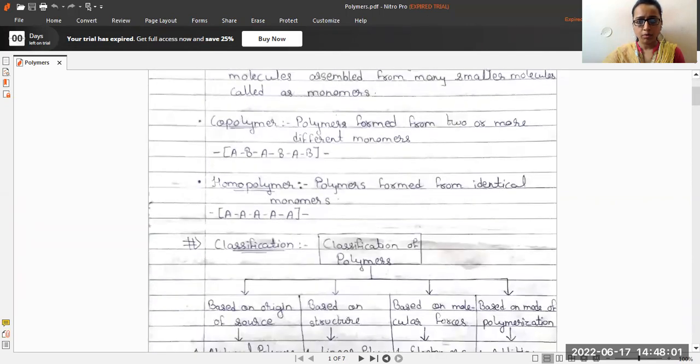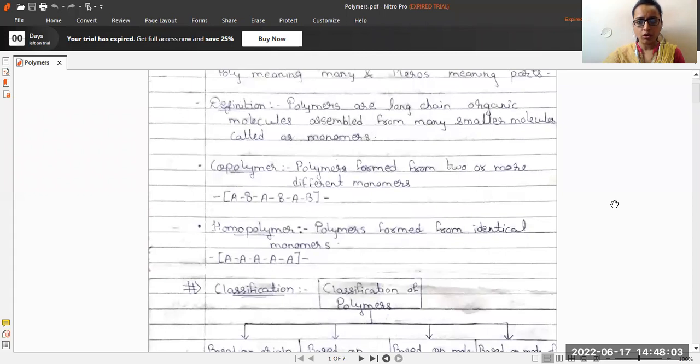The polymer is classified into two parts: copolymer and homopolymer. If the polymer forms a long chain with two different monomers, as shown in the example, where A is one monomer and B is another, so if two different monomers are connected and form a polymer, it is known as a copolymer.